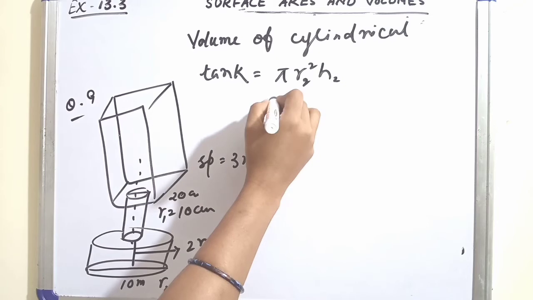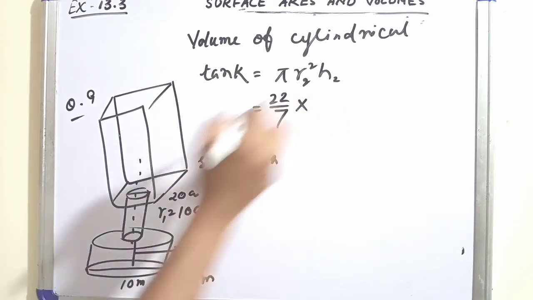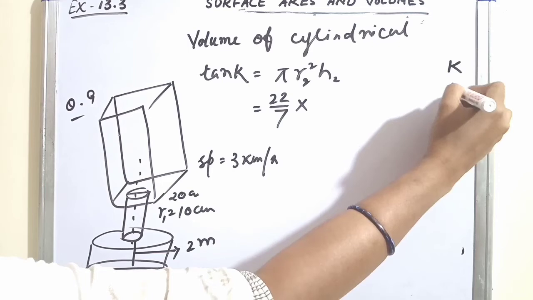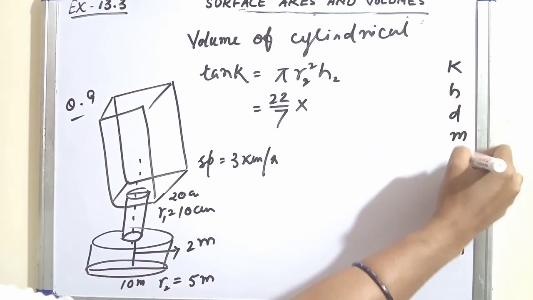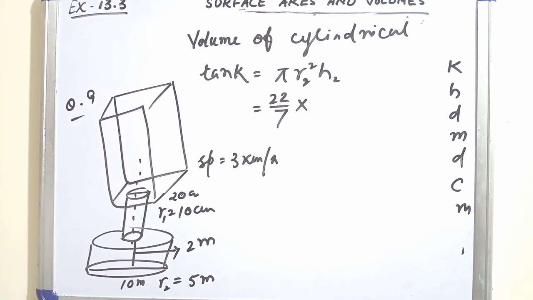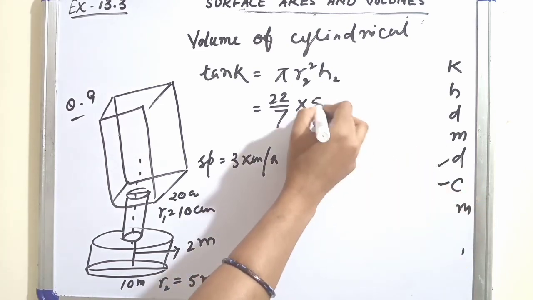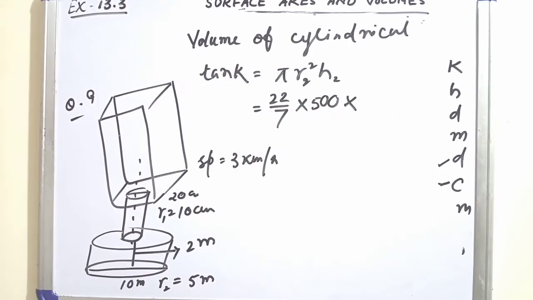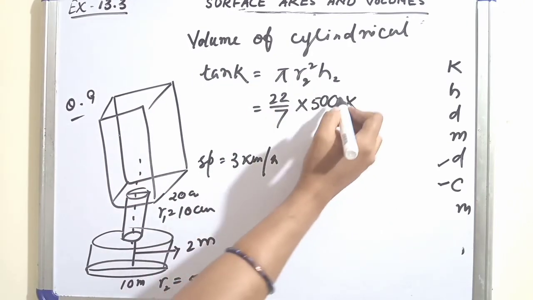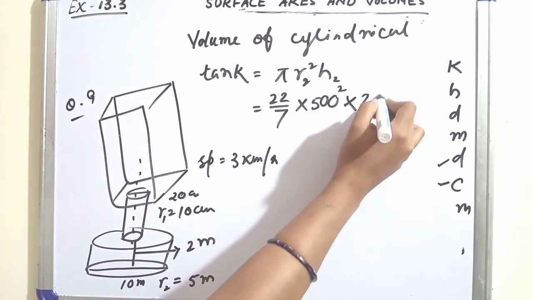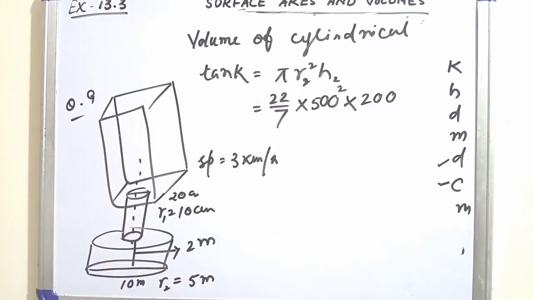So here 22 upon 7, r2 means 5 meter. So you change it to centimeter. Kilometer, hectometer, decameter, meter, decimeter, centimeter, millimeter. So meter to centimeter, that means 500 centimeter. 500 square for r2 square, and h2 means 2 meter, that means 200 centimeter. So that's the volume of cylindrical tank.